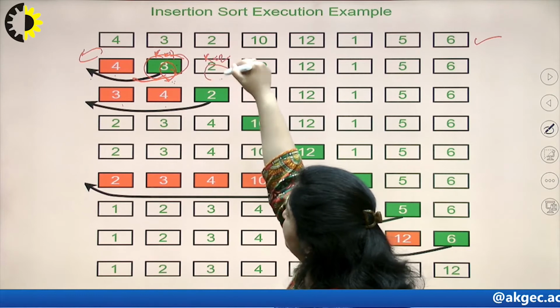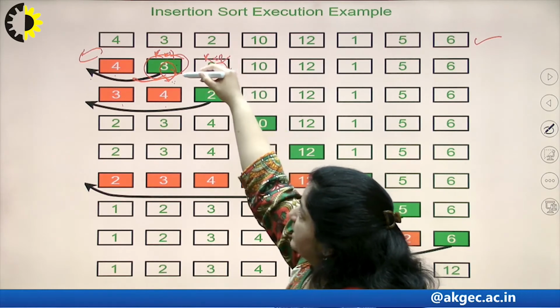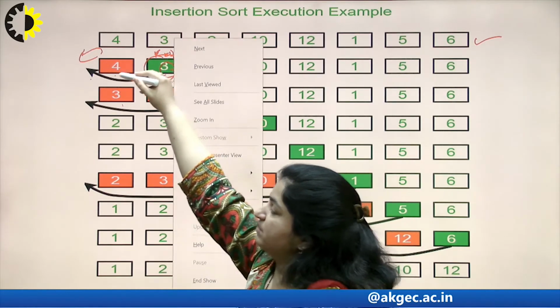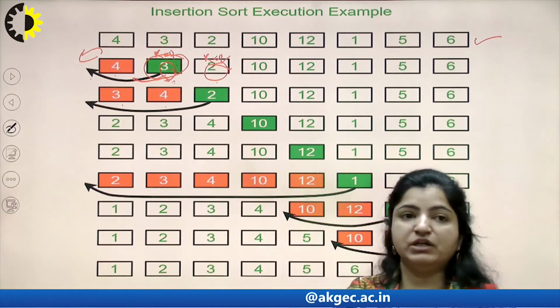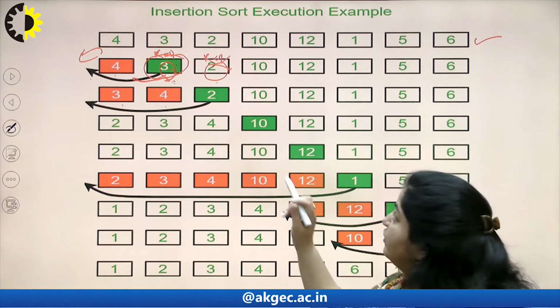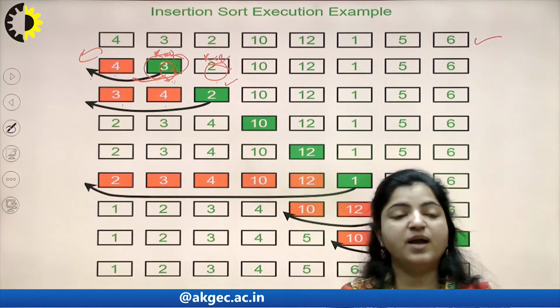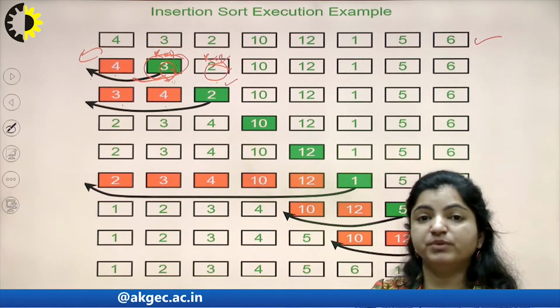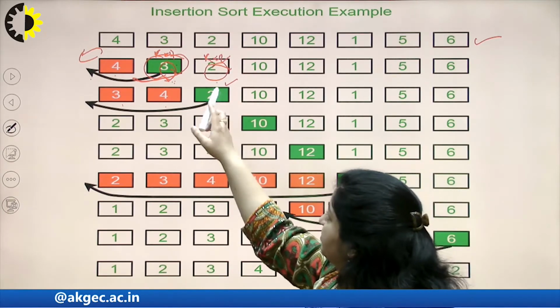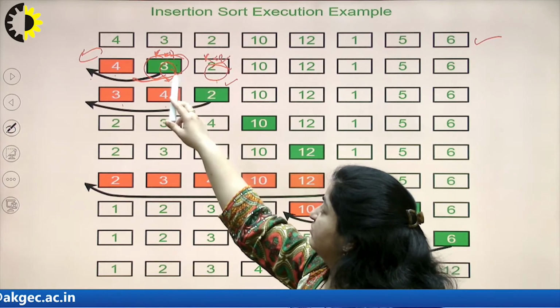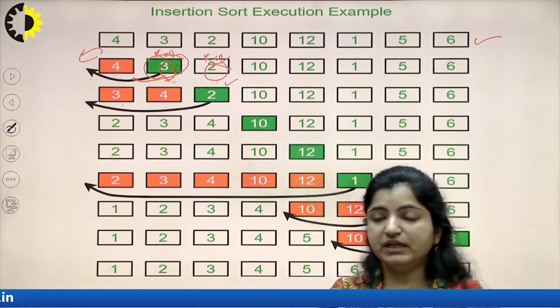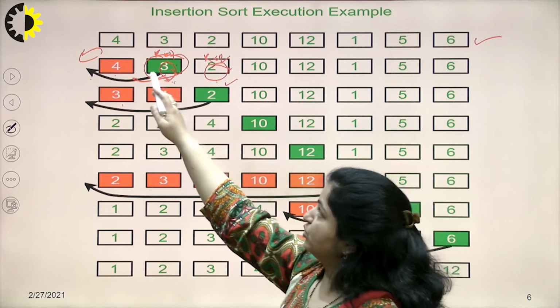So this second positional value is now compared with the previous positional values in order to find out where this 2 should come and what is the appropriate position where it should be placed. If I compare this 2 with 3 and then with 4, I will find out that this 2 is smaller than both 3 and 4.